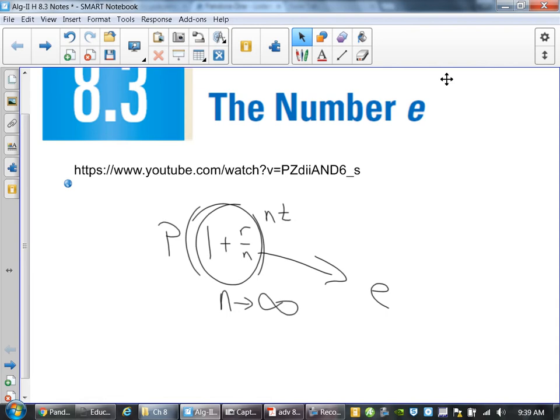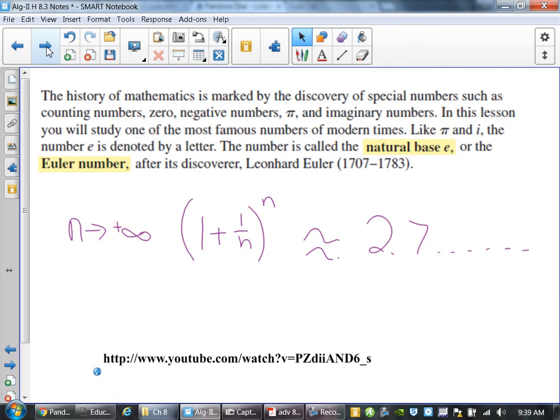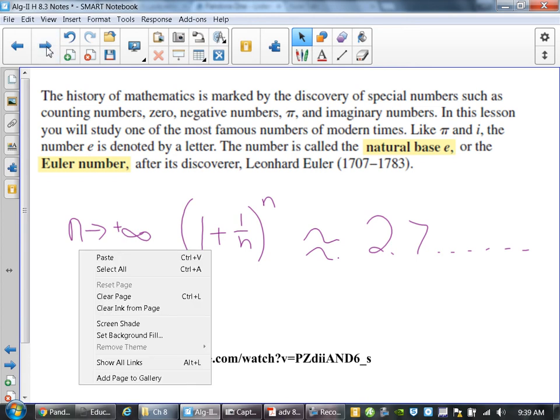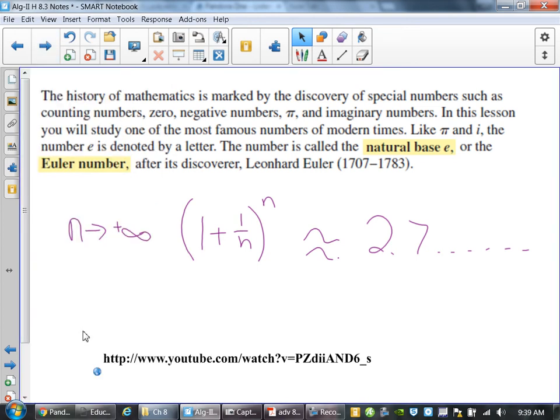It's very easy. So e, like I said, is the base of the natural log. Don't have to memorize it. It's 2.7 and change. Remember, as n is getting larger and larger for this setup, that's what it approaches.